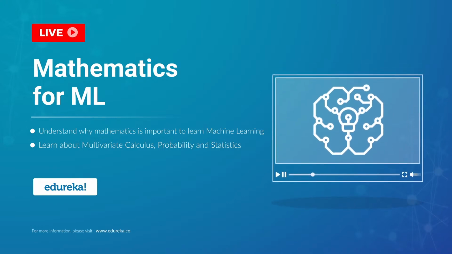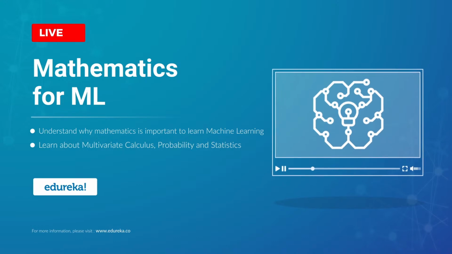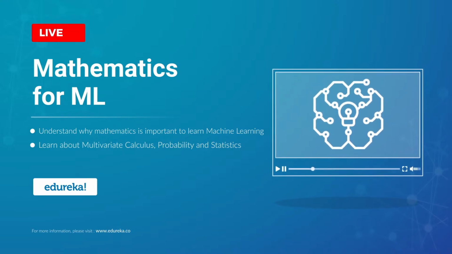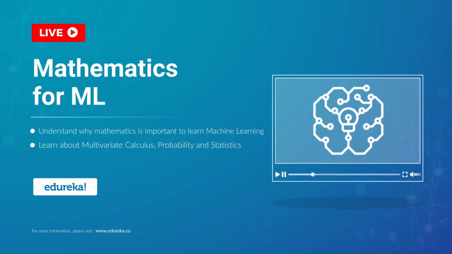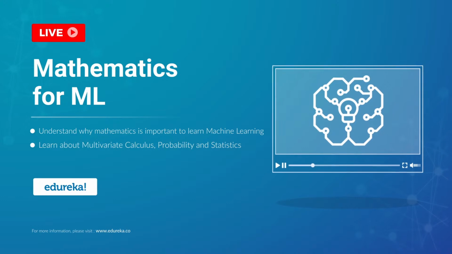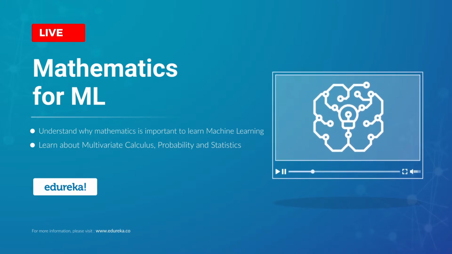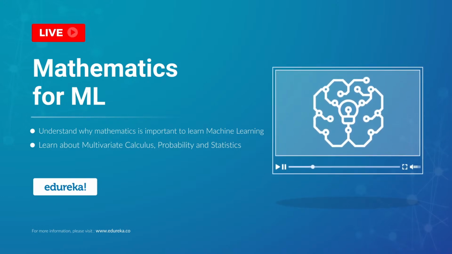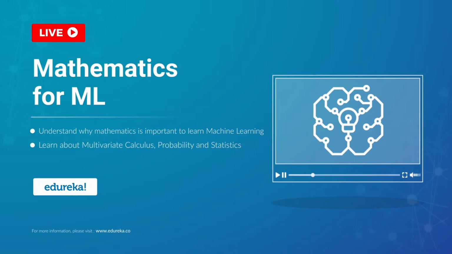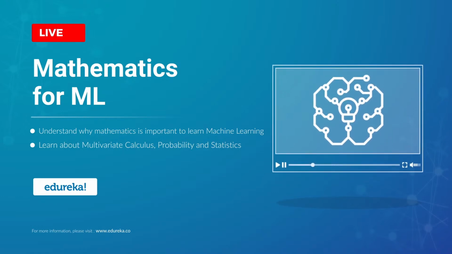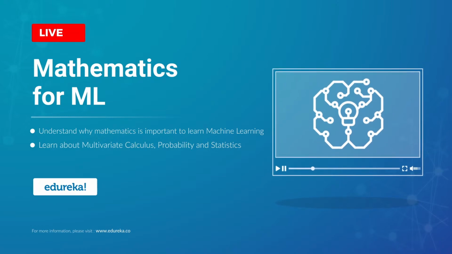So the main agenda for joining this entire session is to discuss all the mathematics for machine learning. When we talk about machine learning, ML is basically data intensive, and before we can get started working in the machine learning component, we have to know how the data has to be manipulated. And for data manipulation, we have to know the mathematics, because at the end, we have to apply the logic, and for that we have to know what exactly the logic is and how to work around it.